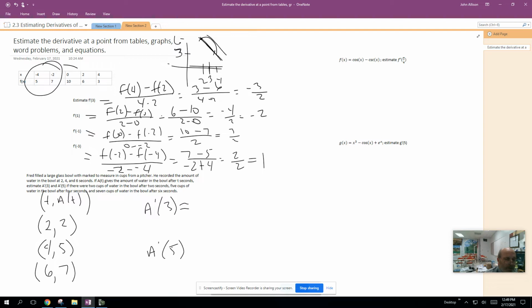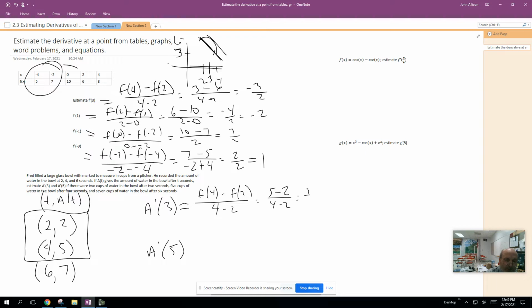And so for our estimate for A prime of 3, we're going to use 2 points equidistant on either side of x equals 3. So we're going to do f of 4 minus f of 2 over 4 minus 2. And f of 4 is 5, f of 2 is 2, 4 minus 2.